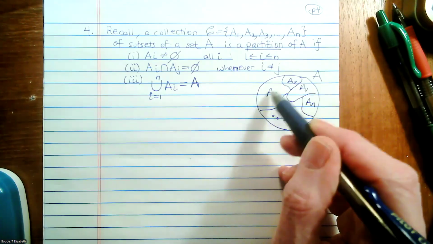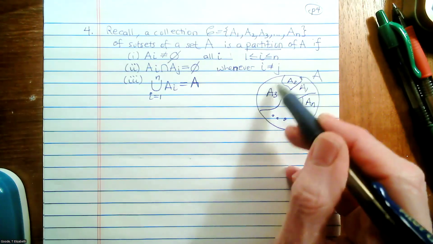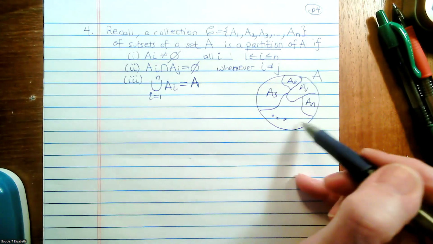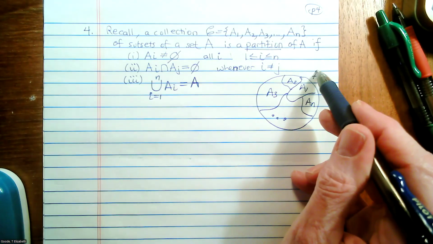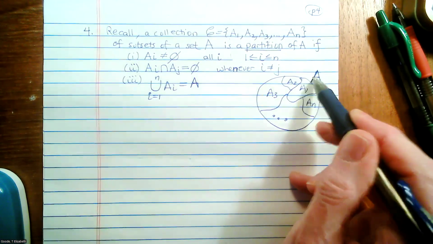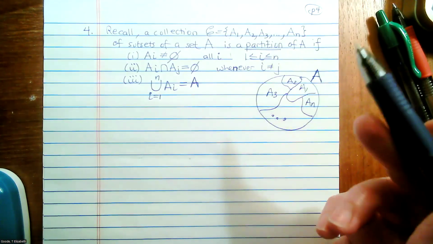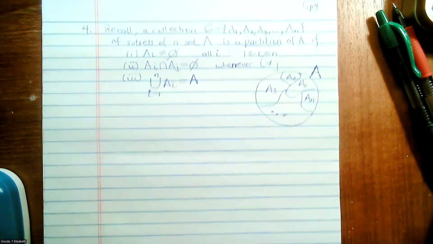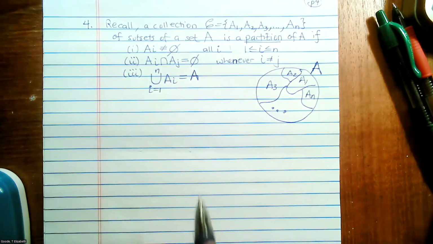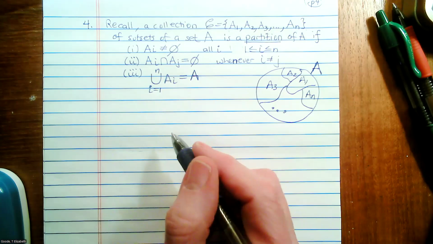The point is they're disjoint from each other, but when you union them together, you get A. And we don't want an empty set in this game, because then where do you stop? You would just put a bunch of empty sets for no good reason, maybe.